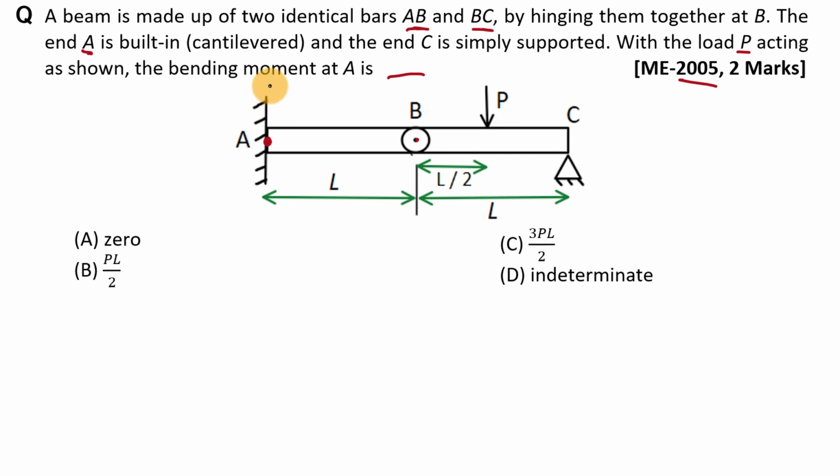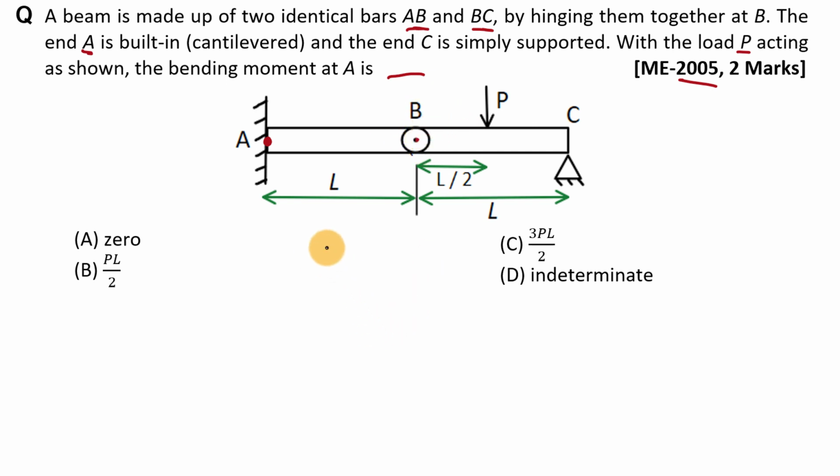Now see, here we cannot take section at point A directly, and we cannot take summation of all the moments acting on this beam right side of this section. First of all, we have to transfer this P load on this AB beam, because both the beams are not same. It is different beam that is hinged at this point.